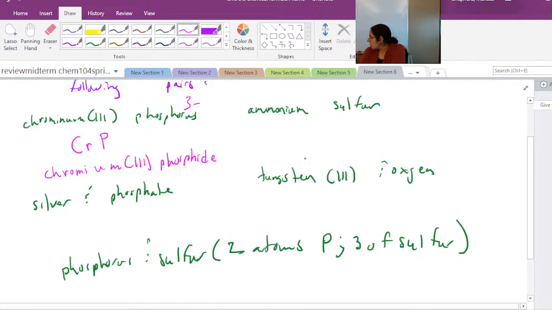Either give me the name or the formula. Or you could give me the ratio of how many ammoniums to sulfur.